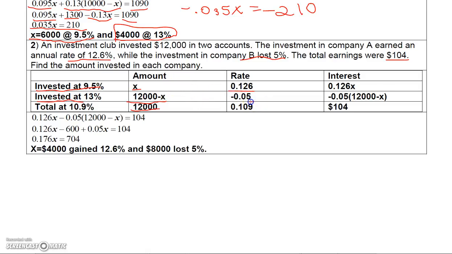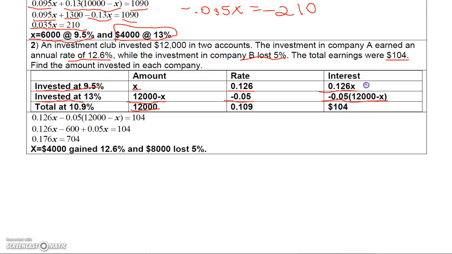We also know we lost 5% on the other investment. So the total interest earned on the first investment would be 0.126x. The second investment is actually going to be a negative because we lost money. So we're going to have negative 0.05 times 12,000 minus x.